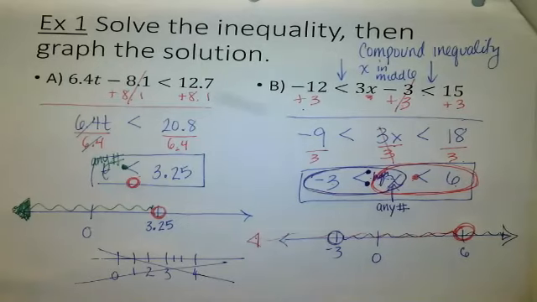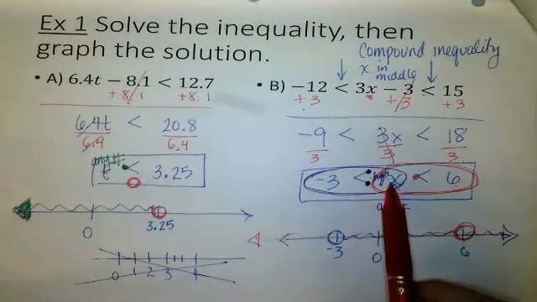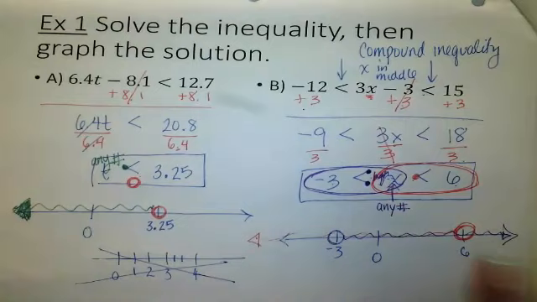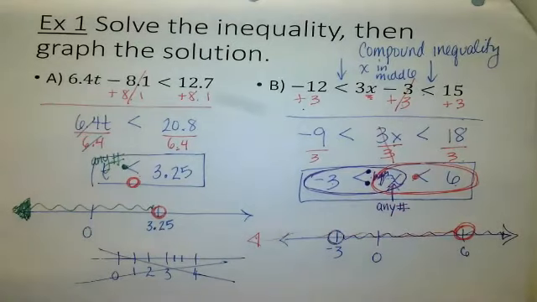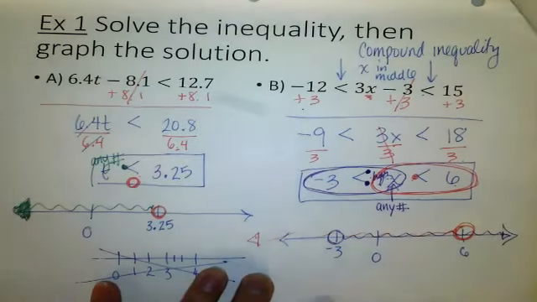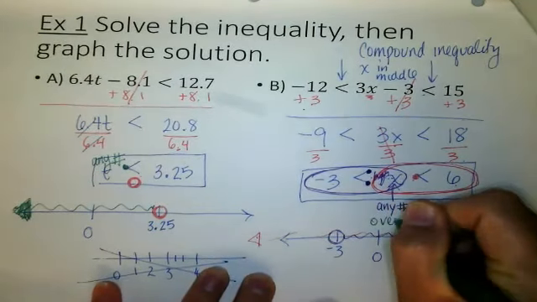Now, here's the kind of weird part that you really want to make sure you understand. Didn't I just shade the whole line? Kind of did, right? Well, that's not exactly how that works. We want any number that satisfies both of those inequalities. Numbers that work for both. And so the solution is actually where they overlap.